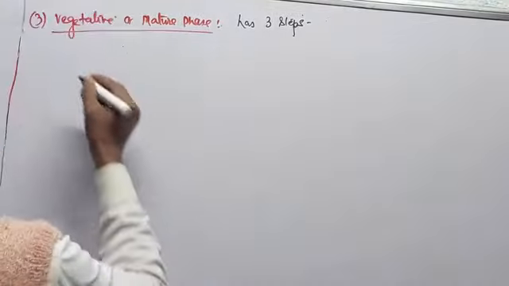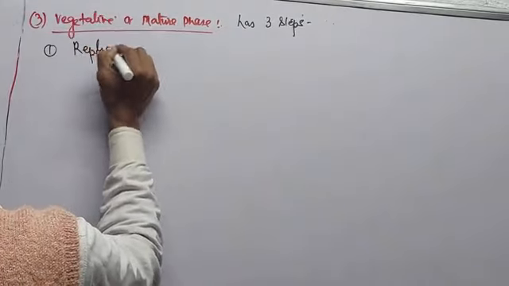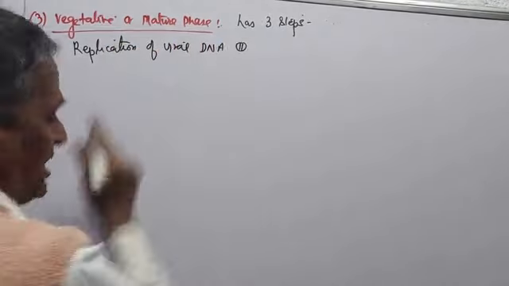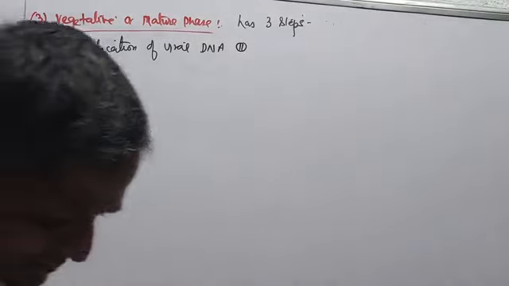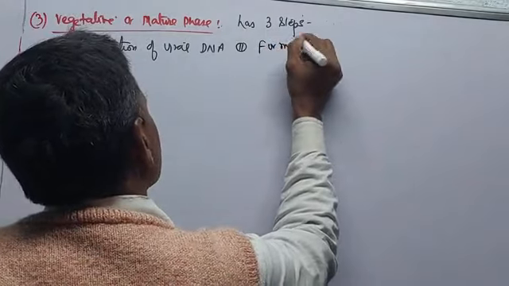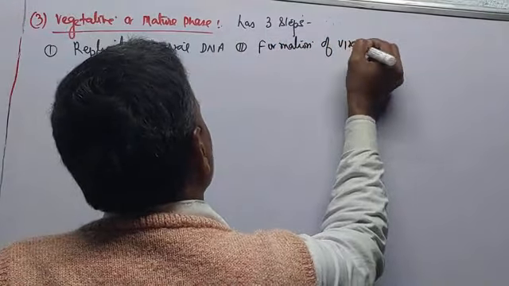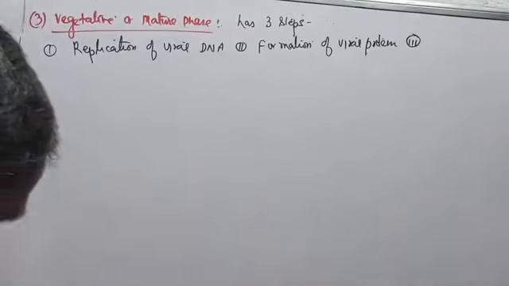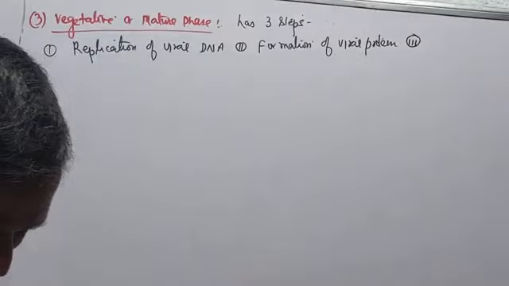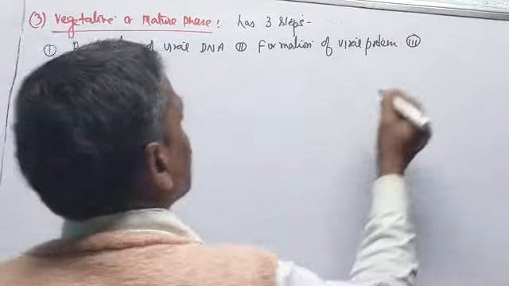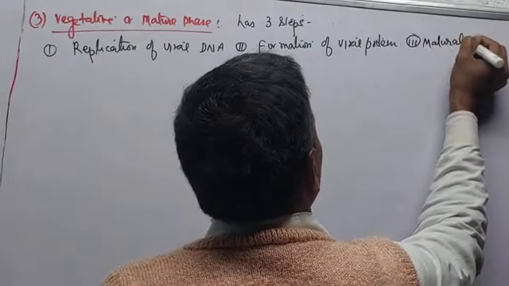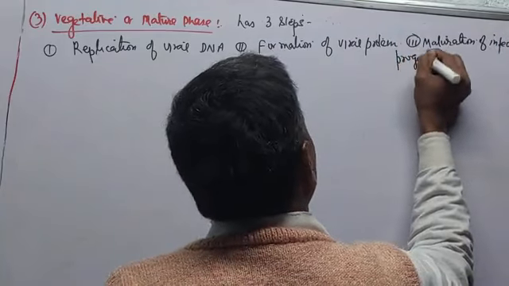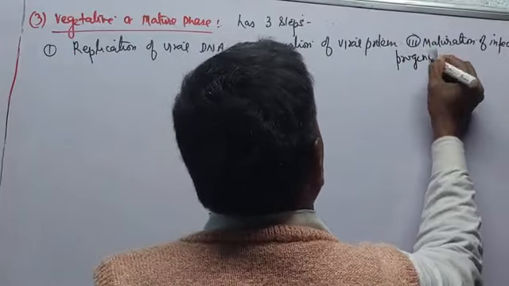First is replication of viral DNA. Second is formation of viral protein, and third is maturation of infective progeny.